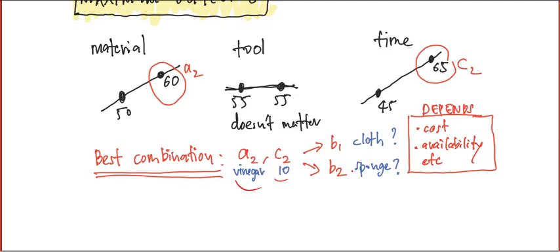But now we can decide. Now we can decide about the cloth or a sponge based on other factors, other parameters which we have not included in our example, like cost, availability, etc. For sure, cloth is cheaper than the sponge, and it is also more available than the sponge.